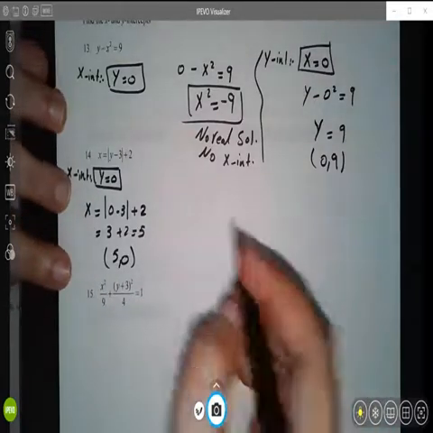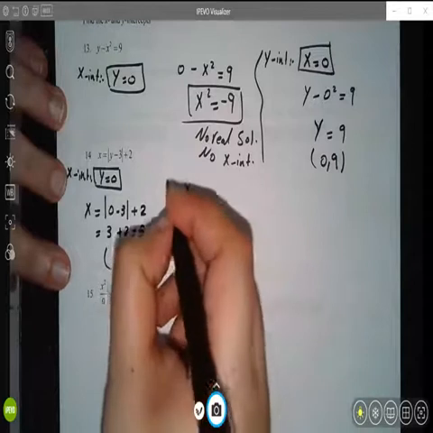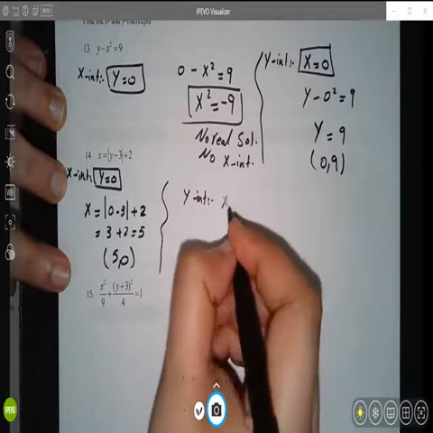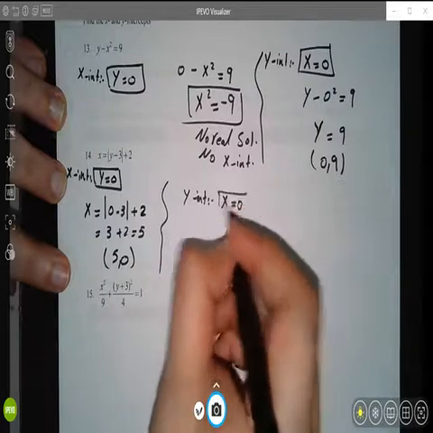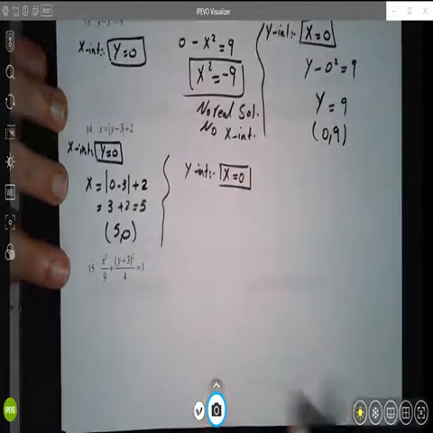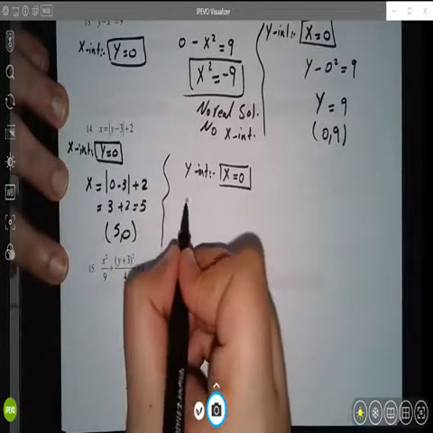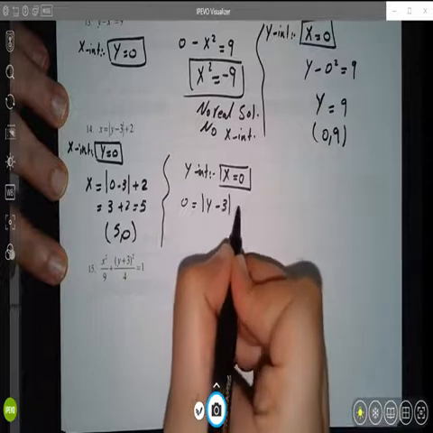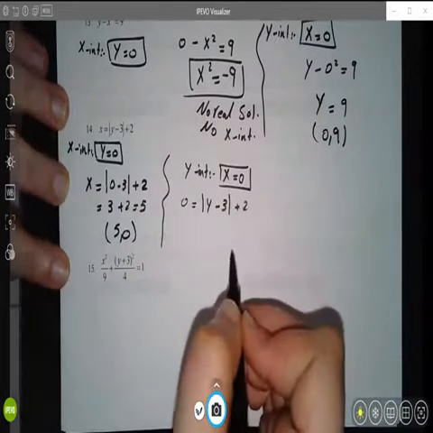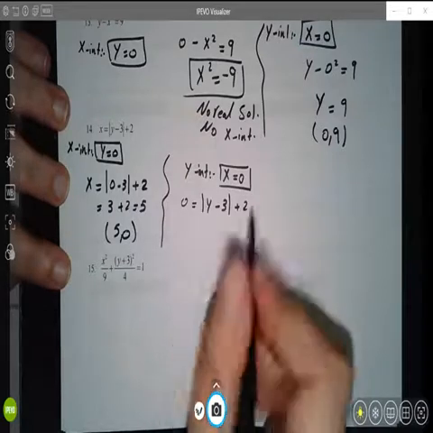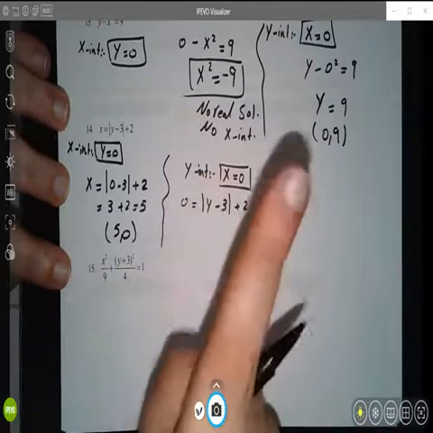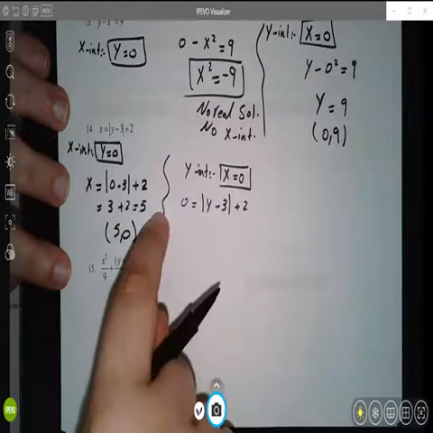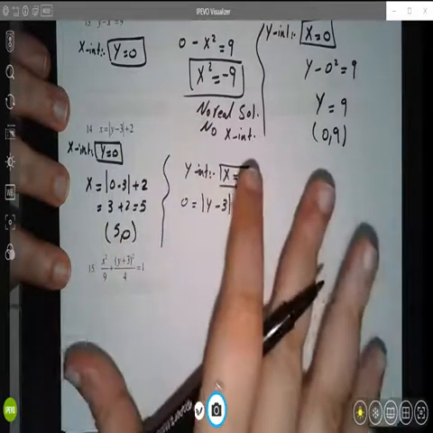Okay. What about the y-intercept? I'm setting x to 0. Now let's solve. Okay, so we have 0 equals absolute value of y minus 3 plus 2. Okay, so when we said you want to solve an absolute value equation, first thing you need to do is what? Move everything from the side of the absolute value to the opposite, right? Isolate the absolute value before you start solving.